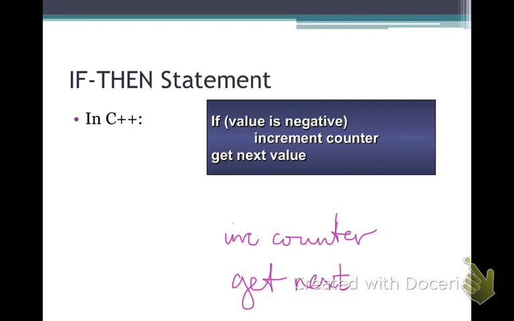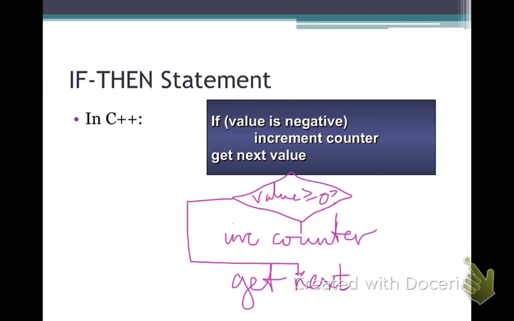Under what condition do I not want to increment the counter? Well, if it's negative, I do, which means if it's greater than or equal to 0, so here I'll have a decision diamond. I'll say, is value greater than or equal 0? If that's true, I'm going around this. Otherwise, I'm going to do this, and as a result, I may just fall down into that as well.